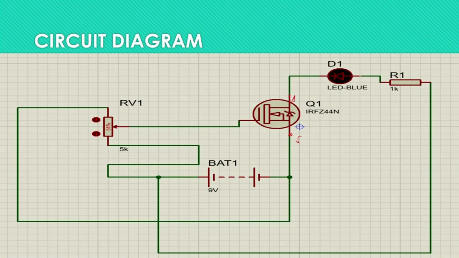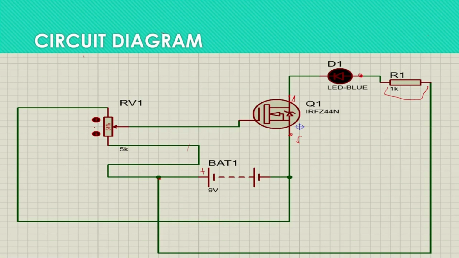I connected a resistor with the positive terminal of the LED to the positive terminal of the battery. I connected a 5 kilo ohm potentiometer to the gate terminal.